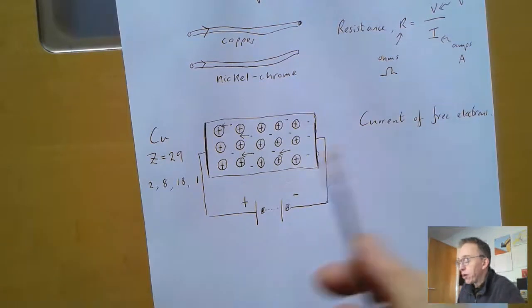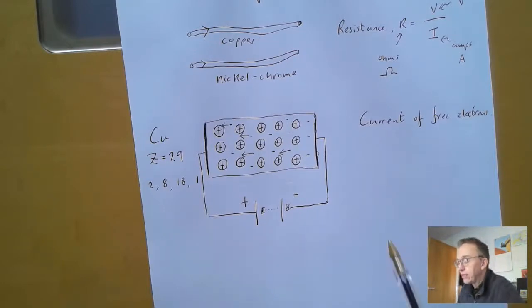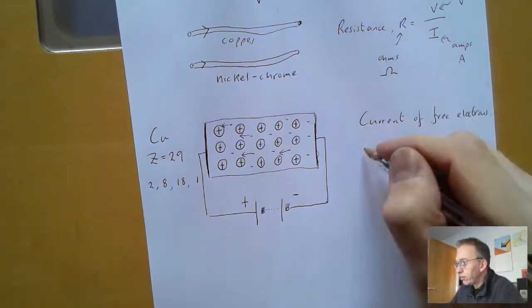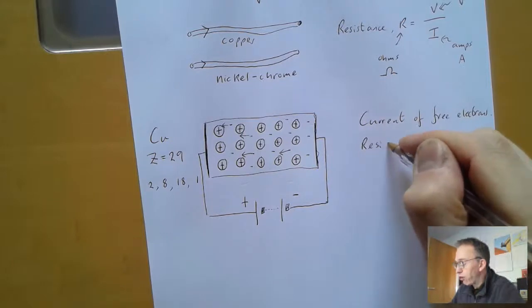So therefore, the flow of electrons through the metal is limited. That means that the overall current is limited. And that is what causes the metal to resist the flow of electrons. So that's where resistance comes from.